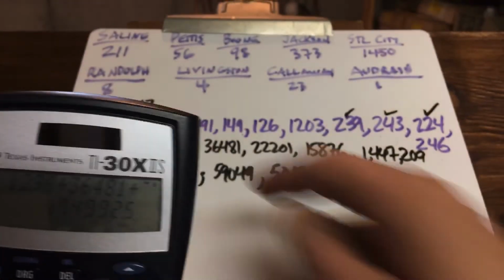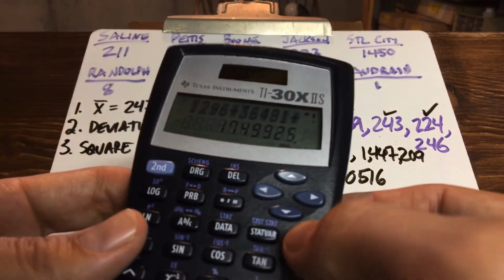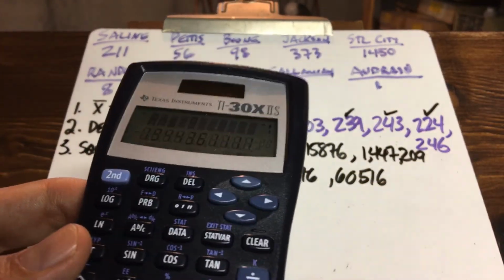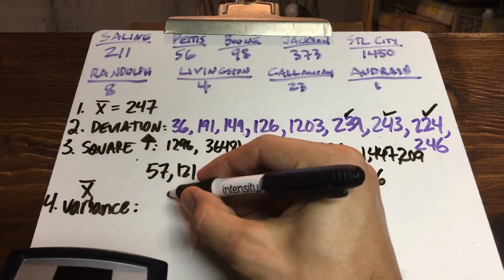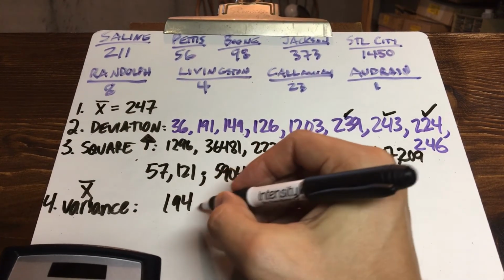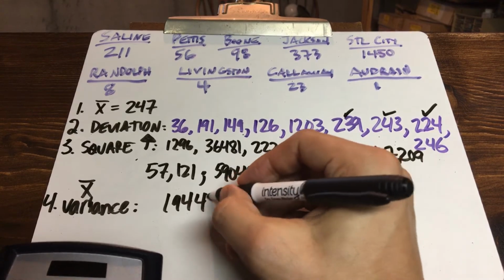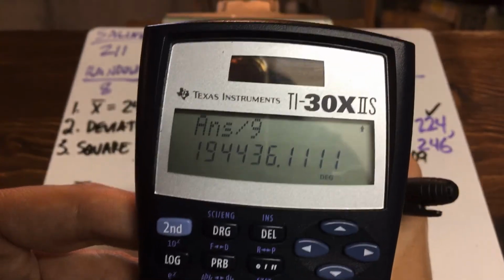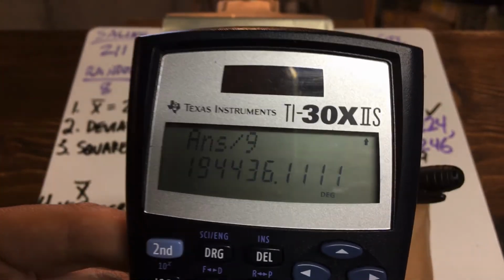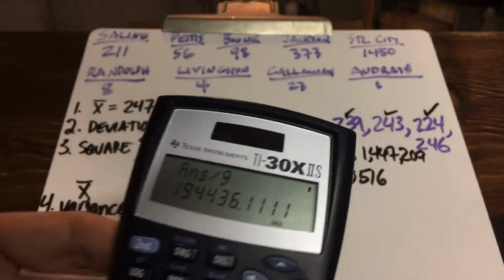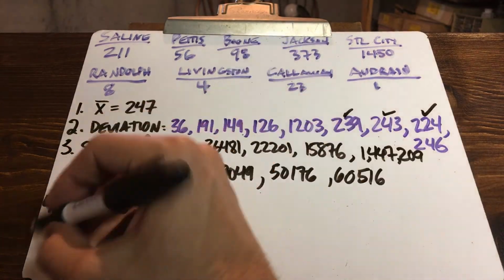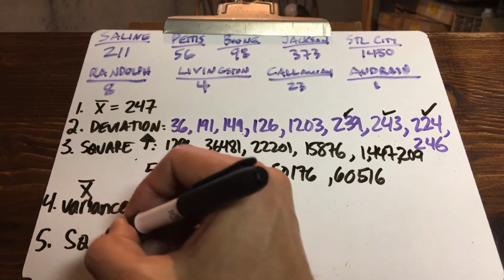I'm going to divide it by 1, 2, 3, 4, 5, 6, 7, 8, 9, divided by 9, and I get this 194,436. I'm going to act like that 0.1 repeating bar isn't there. Okay, so we have this number, and then I'm going to have to do the last step, square root this answer, right?